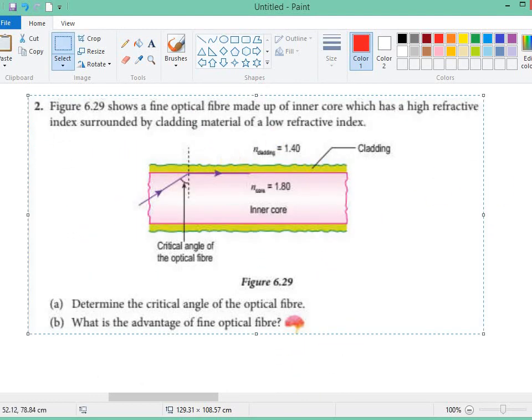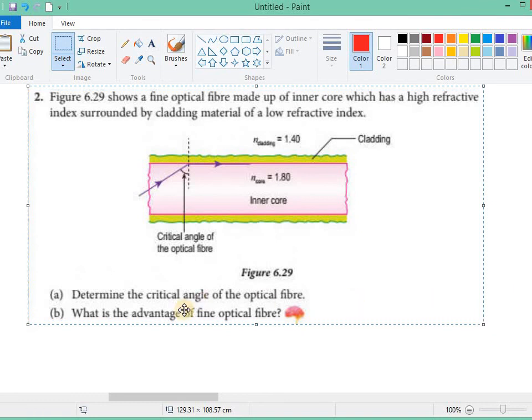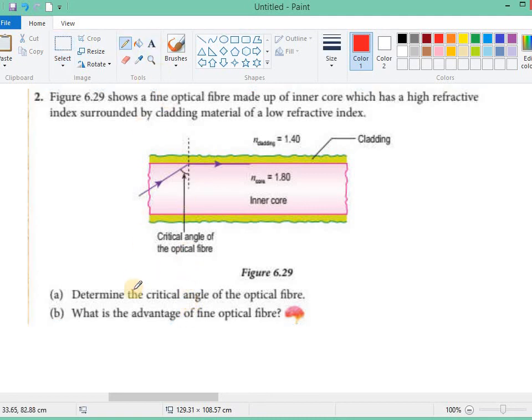Number 2. Figure 6.29 shows a fine optical fiber made up of an inner core which has a high refractive index surrounded by cladding material of a low refractive index. A, determine the critical angle of the optical fiber.